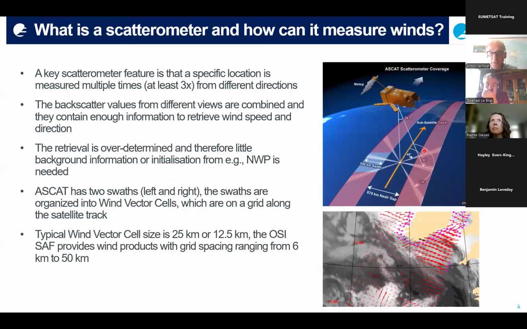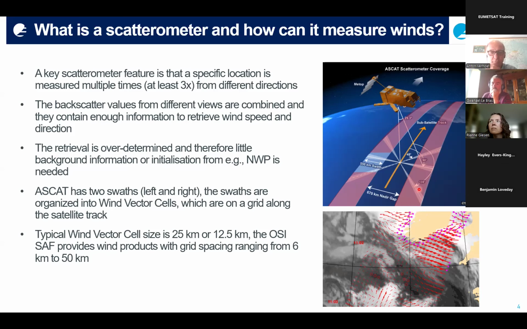So if we look at the top image here, then we can see how the scatterometer can actually observe the ocean from three different directions. So the satellite is moving in this direction, and if we look at one point at the ocean, first it will be covered by a forward-looking antenna, then by a sideways-looking antenna, and then by a backwards-looking antenna.